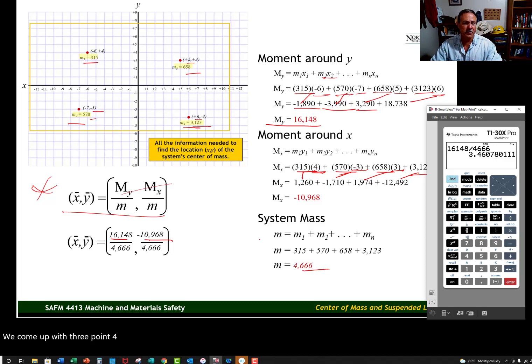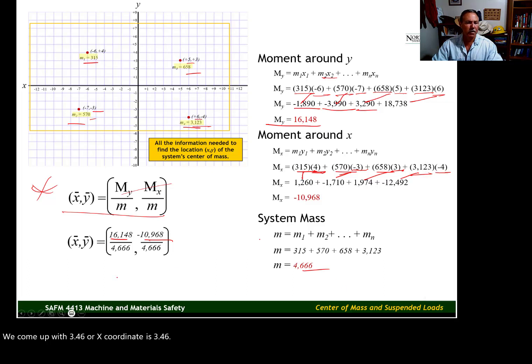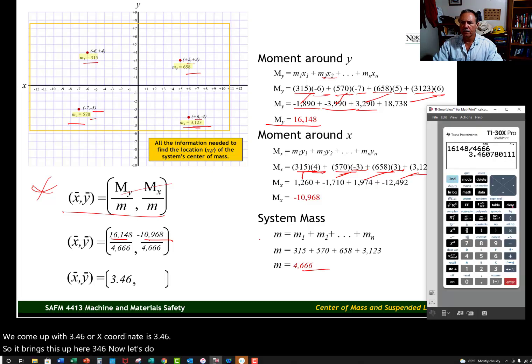Our x coordinate is 3.46. Now let's find the y coordinate. -10,968 divided by 4,666. And our y coordinate is -2.35.